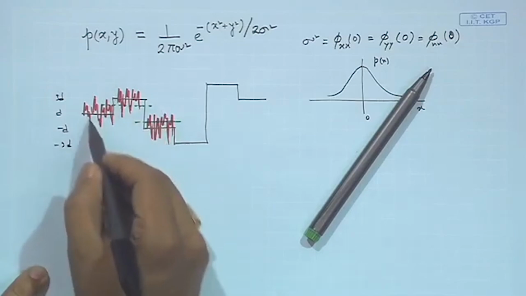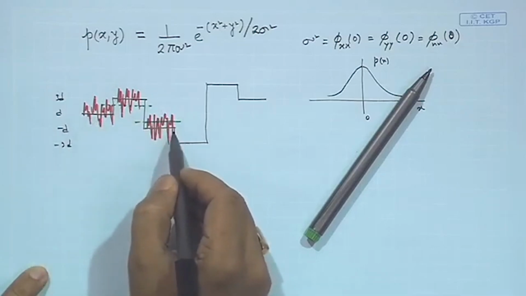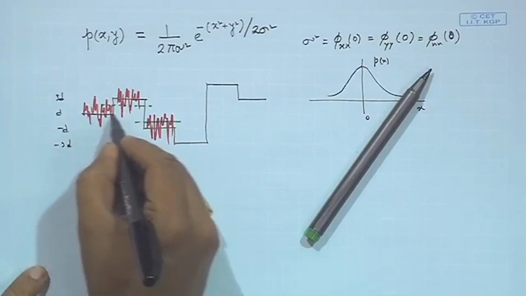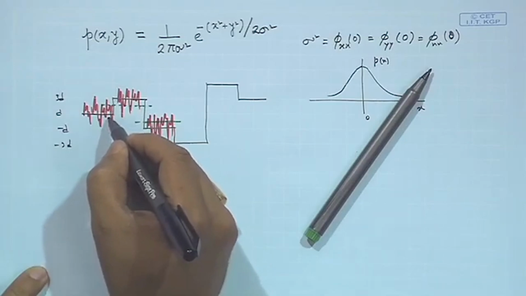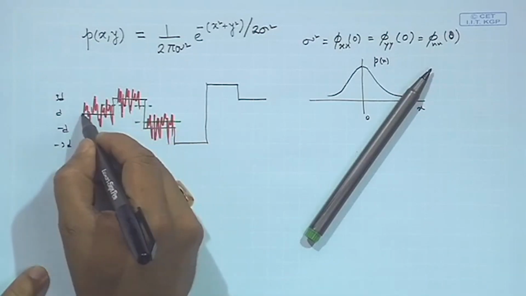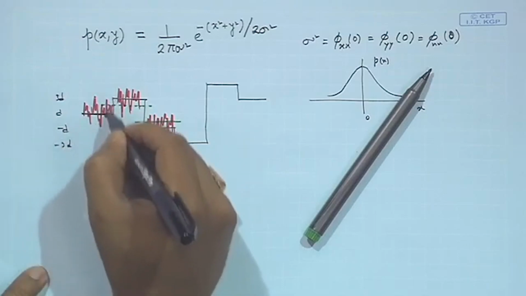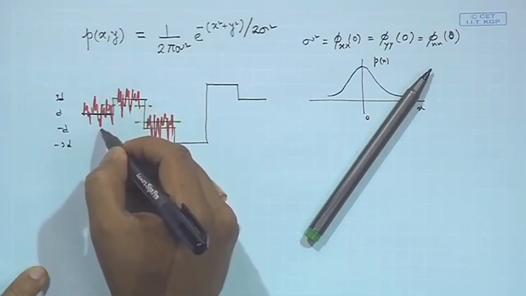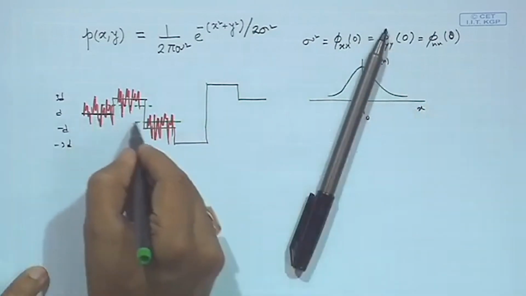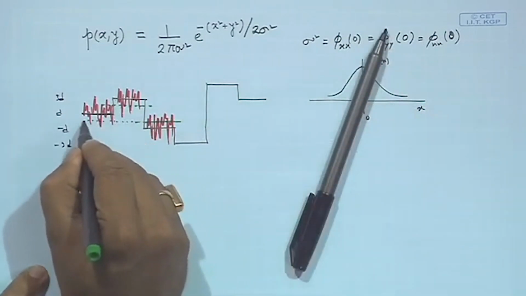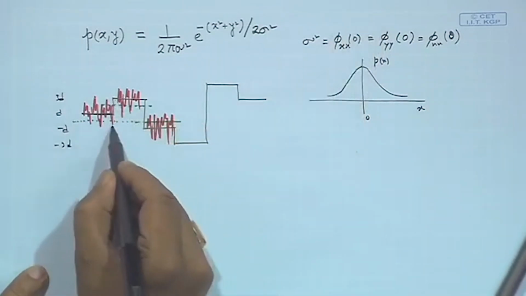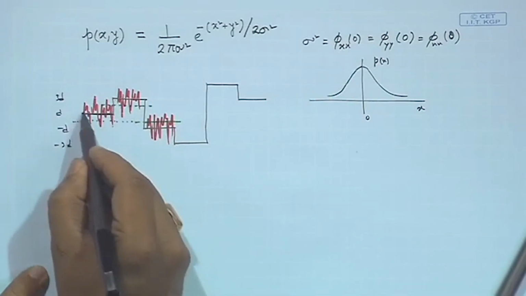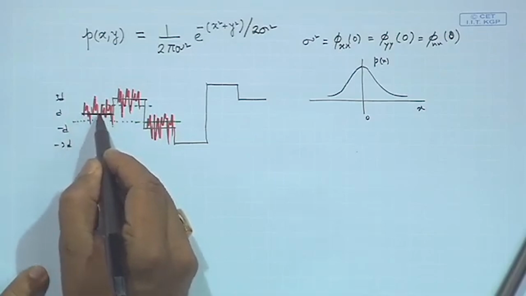So, we are landing into the problem of errors. What we would like to highlight at this point is that, because of noise, one would make a choice which is not the right choice. You have sent a D, but because of the presence of noise fluctuations, you may detect it as plus 3D or as minus D, because there is a decision threshold here. If the fluctuations fall below this threshold, instead of detecting D, we make an error. D had a particular symbol mapping.